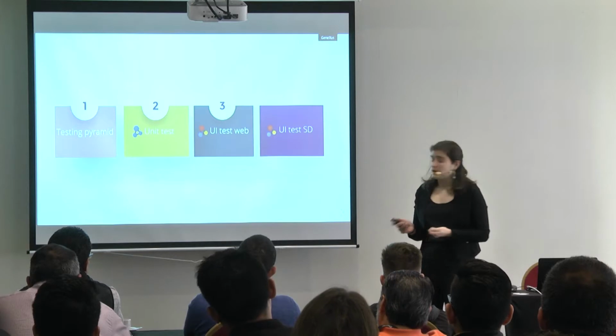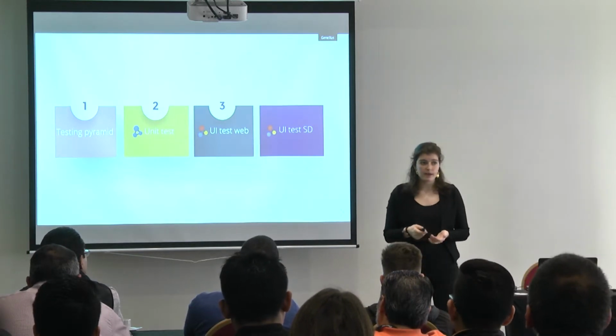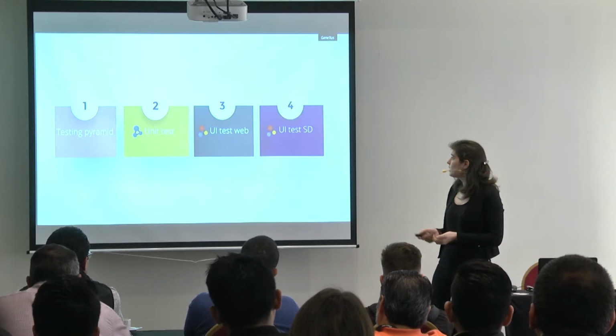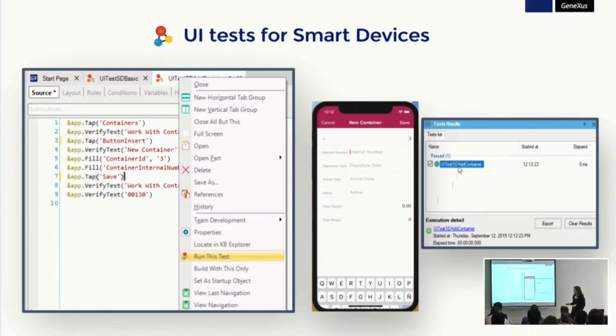Finally, we also have the interface tests for smart devices, which are very similar to the web tests. They also have an app variable, app in this case, with commands that are different from the web commands, but they function in the same way.